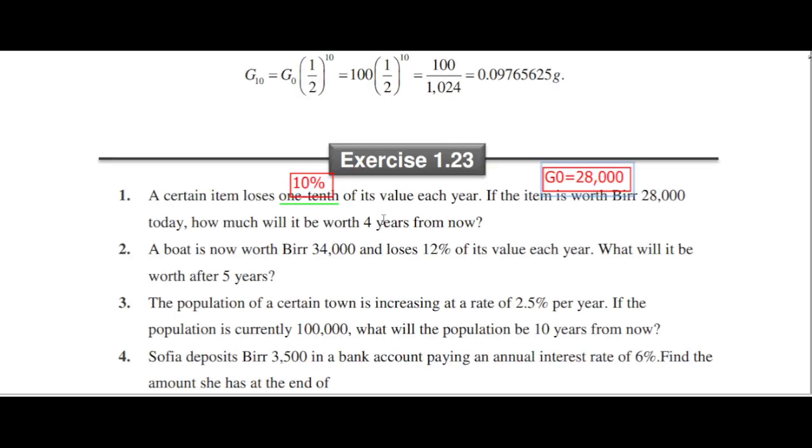Now let's calculate G4. Before computing G4, let's calculate G1. G1 is equal to G naught minus, because it loses 10% or 1/10 of its value each year. So we can compute like this: G1 is equal to G naught minus 10% times G naught.